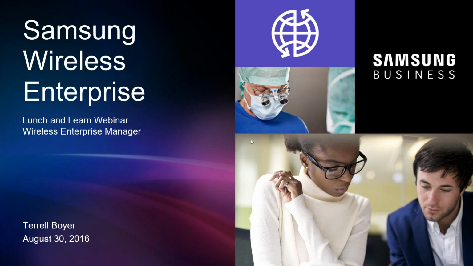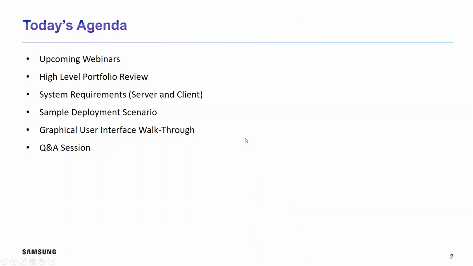We'll go ahead and start with the agenda. Today I'm going to tell you a little bit about one of our next upcoming webinars. And for anybody who may not be completely familiar with our wireless LAN solution, I'm going to do a real quick high-level overview of our product portfolio.